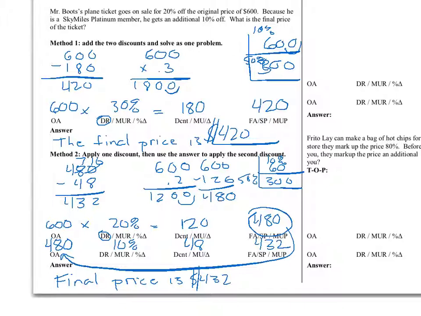Unfortunately, if we look at how the real world works, there's a couple things that we can think about. If I was a business and a customer walked in with a 20% coupon and a 10% coupon, which would I rather calculate? Method 2, because if I'm a business, I still charge more.